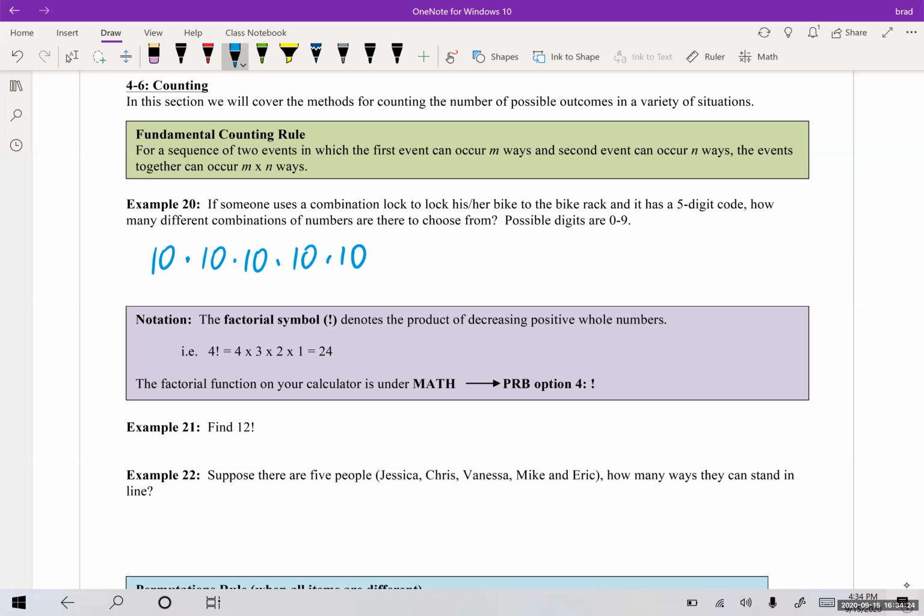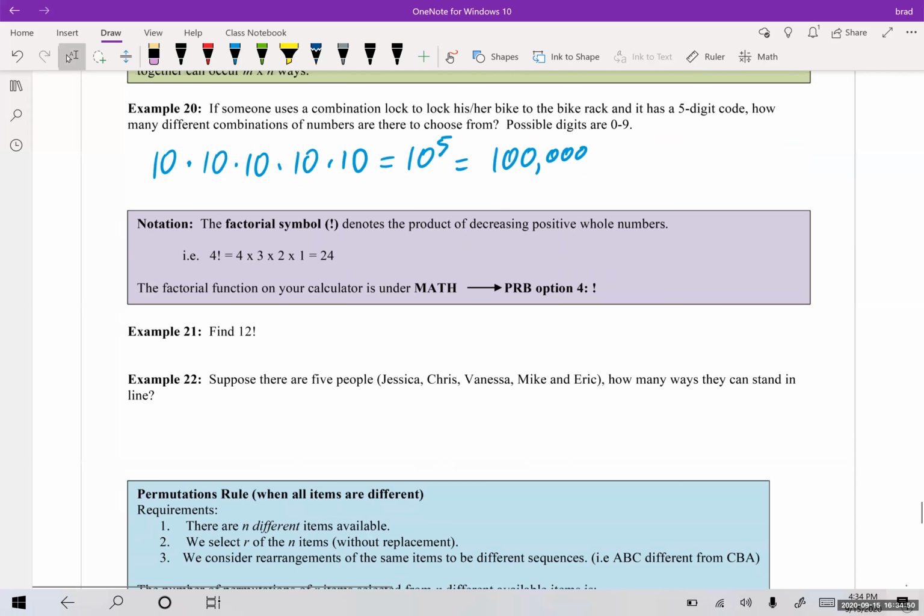The next number, 10 possibilities. So this is actually 10 to the 5th, which is equal to 100,000. So that's how many possibilities you can come up with for a 5-digit code when you're going from 0 to 9. That's all the different combinations we can make.